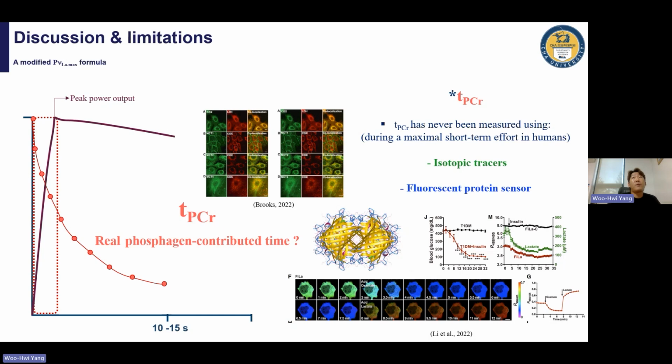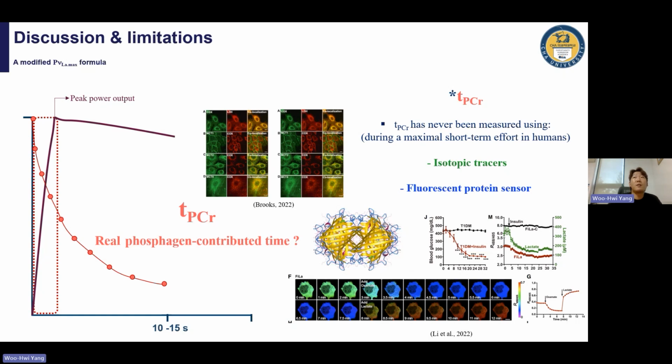We successfully identified the differences of 3 possible PvLa.max calculations during the 15-second sprint cycling test. However, we have some limitations of the study. For example, although the TPCR peak determination is physiologically acceptable using the peak power output in sports science, the direct measurement considering a biomarker is very difficult or impossible.